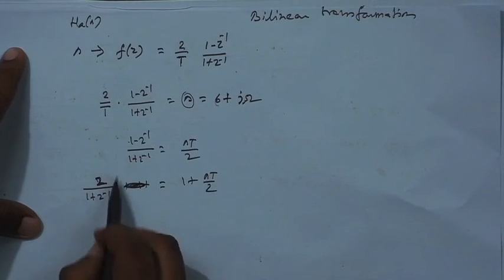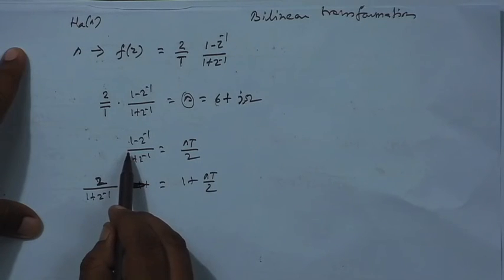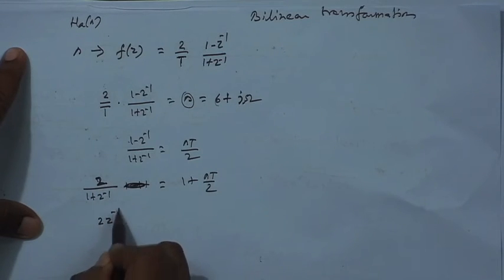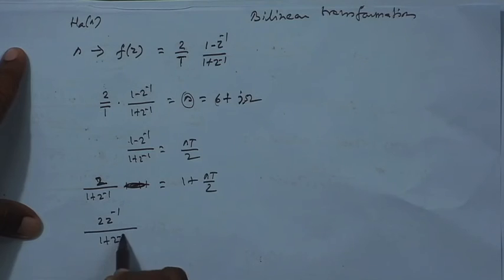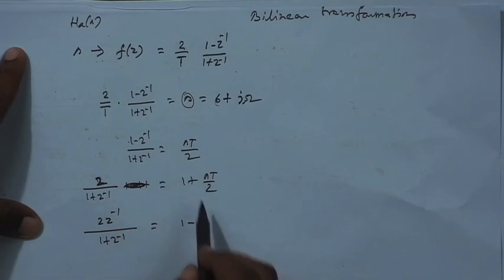And if you subtract it from 1, then 1 plus z inverse minus 1 plus z inverse gives 2 z inverse by 1 plus z inverse, and subtracting the right hand side from 1 gives 1 minus s T by 2.